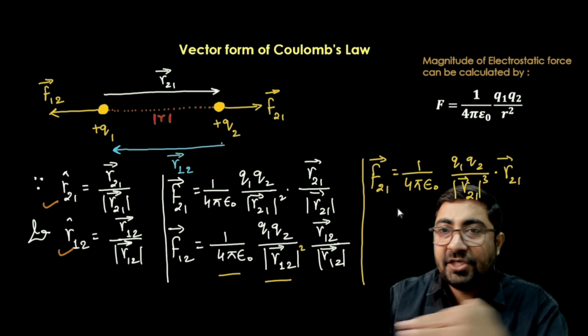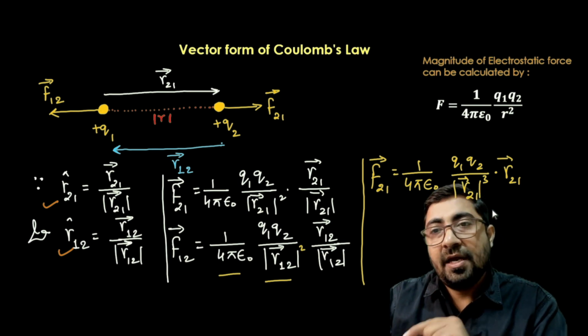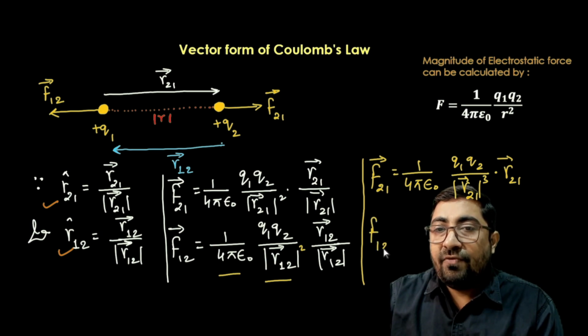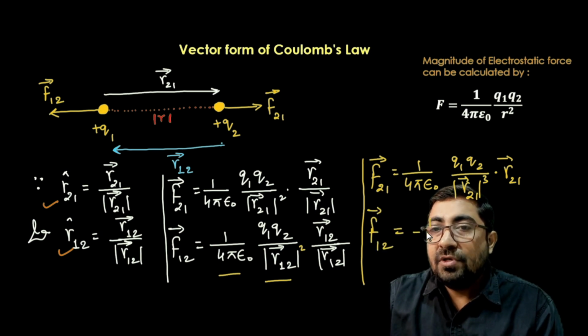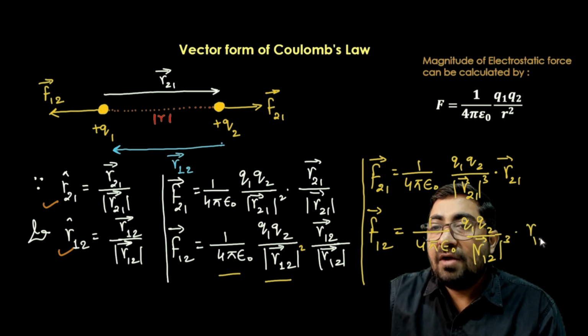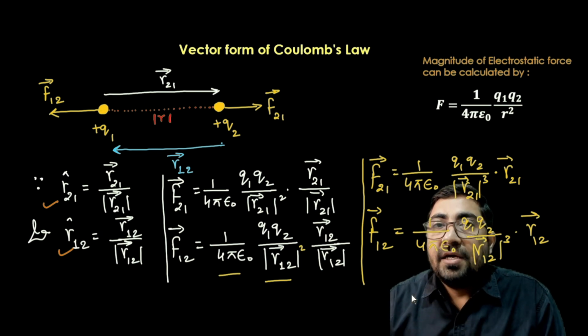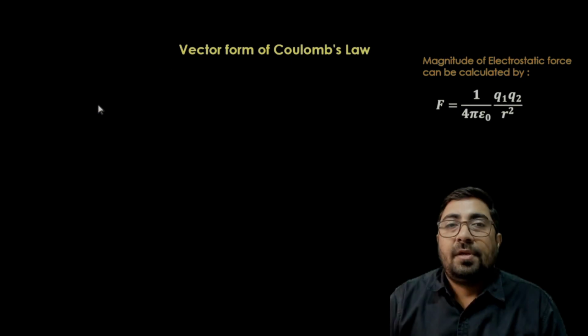It means the direction indicating the position vector r21. Similarly, I can write F12 vector equal to 1 upon 4 pi epsilon naught q1 q2 upon the magnitude of vector r12 cube, into the vector r12. This is the simplest way to write Coulomb's magnitude formula in vector form.